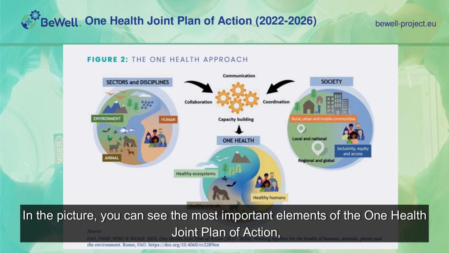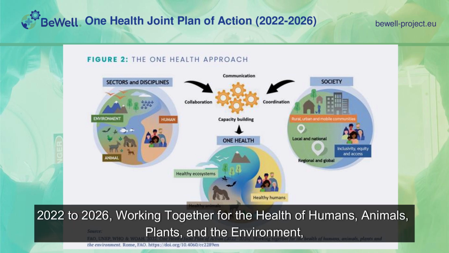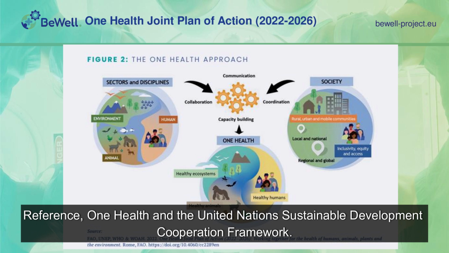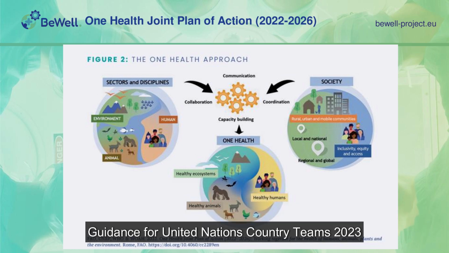In the picture, you can see the most important elements of the One Health Joint Plan of Action 2022 to 2026, working together for the health of humans, animals, plants, and the environment, developed in the One Health and the United Nations Sustainable Development Cooperation Framework. Reference: One Health and the United Nations Sustainable Development Cooperation Framework, Guidance for United Nations Country Teams 2023.